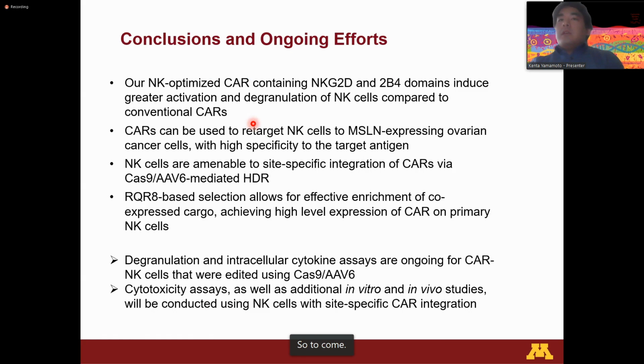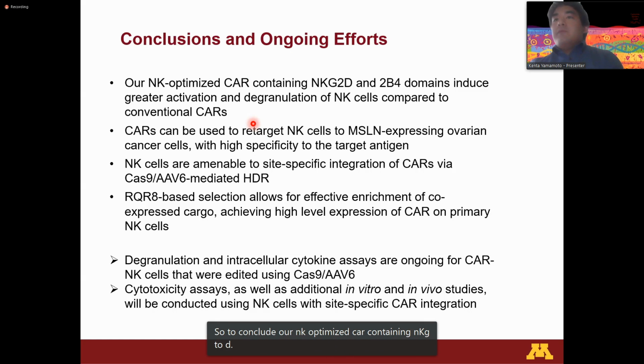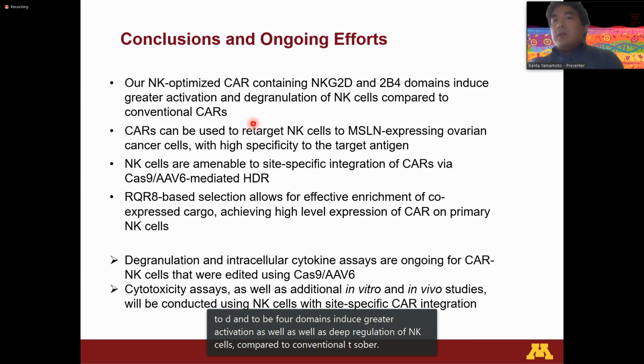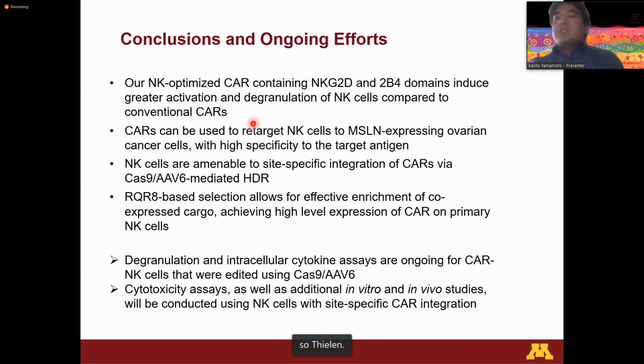So to conclude, our NK-optimized CAR containing NKG2D and 2B4 domains induce greater activation as well as degranulation of NK cells compared to conventional T cell-based CARs. Furthermore, CARs can be used to retarget NK cells to mesothelin, which is overexpressed in ovarian cancer cells.